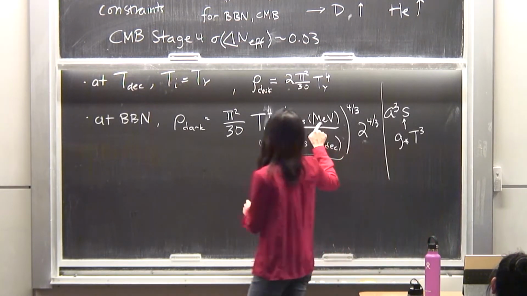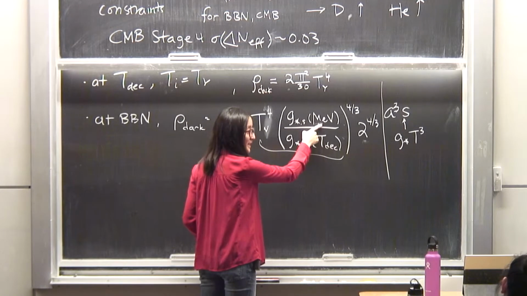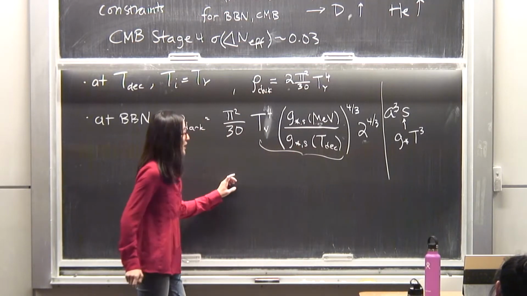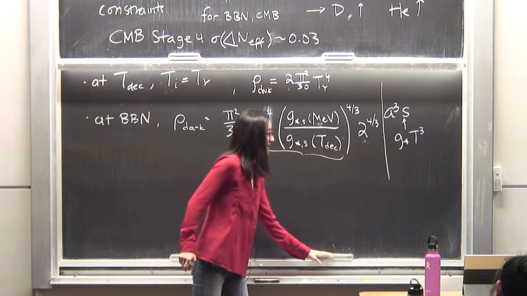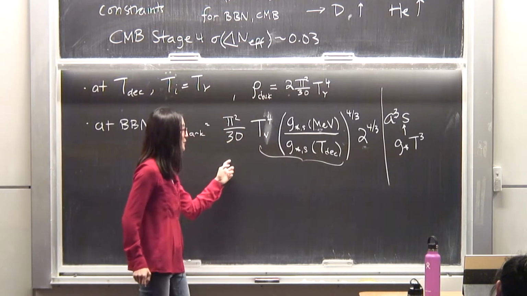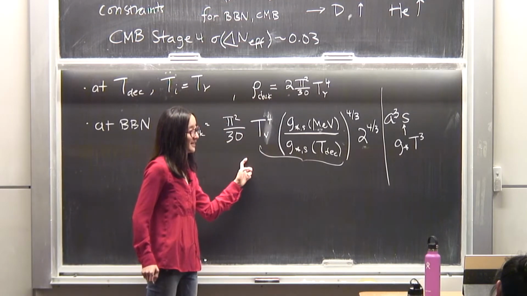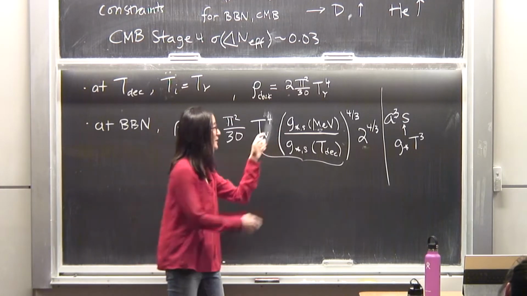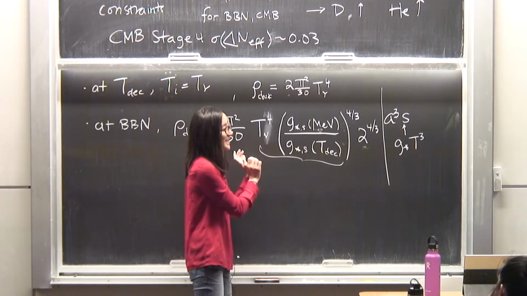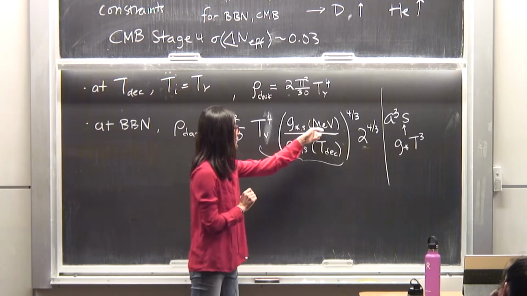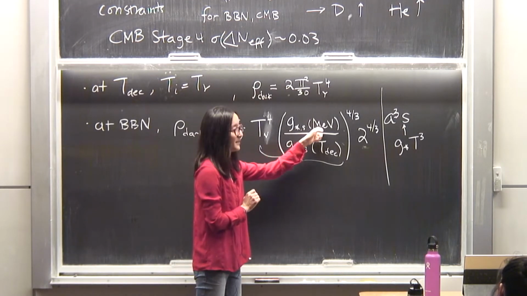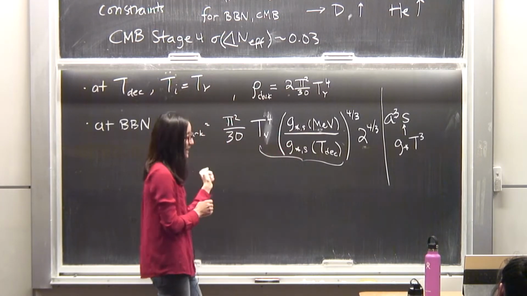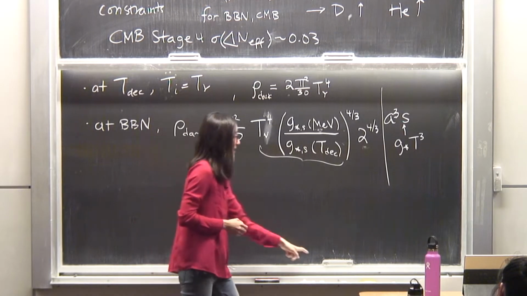Yeah, so exactly. That's why I put G star MeV here. So I do this up until MeV temperatures before neutrino decoupling. Yes, and then you can do it after, and it just adds an extra step of complication because you have to account for the fact that G star changes from an MeV until after e plus e minus.